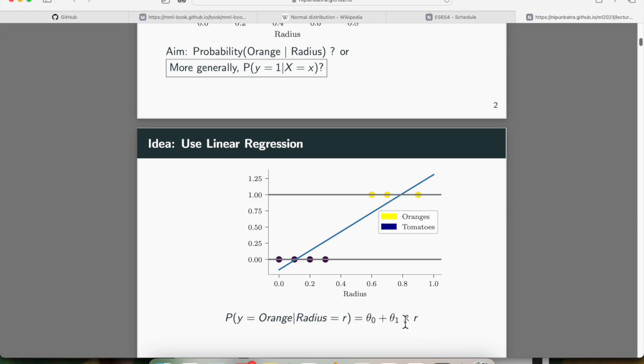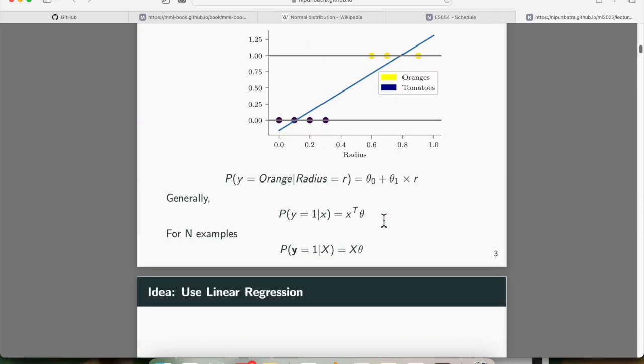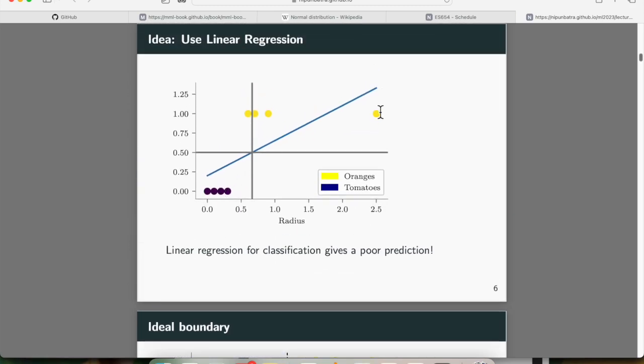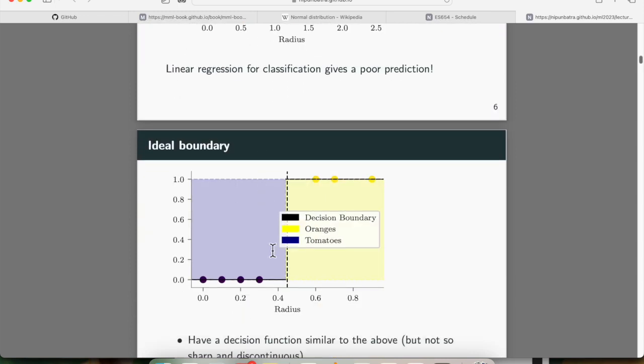But that has problems: one, it is not bounded. Secondly, any outlier would make this line go crazy, and would change the decision boundary very significantly, whereas an ideal boundary might have been something like what we're seeing currently.